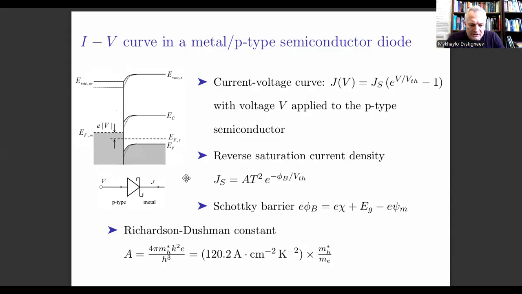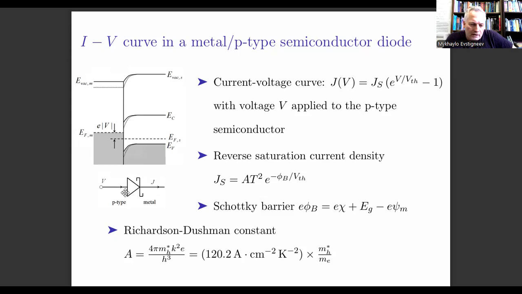Oh, by the way, this is the symbol in diagrams for a Schottky diode. The direction of this triangle shows the direction of positive bias when the large current is flowing, right? So the current prefers to flow to the right in the diagram.